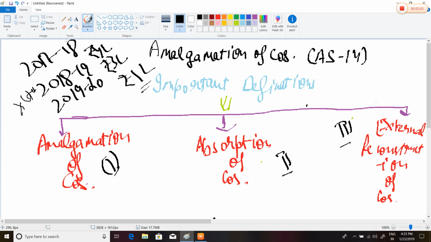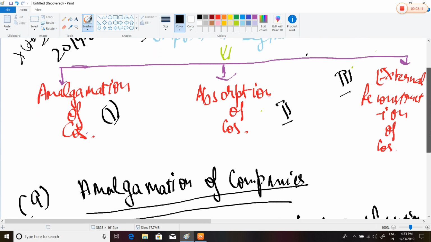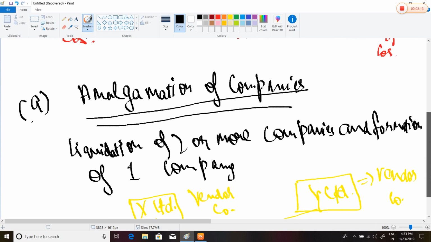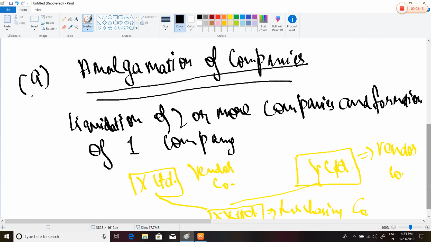Now let's start with the important definitions. Firstly, amalgamation of companies. You can compare these notes if any other faculty provides like these.